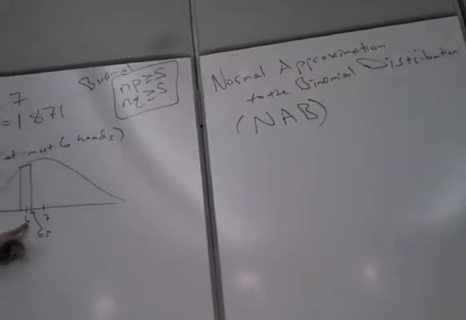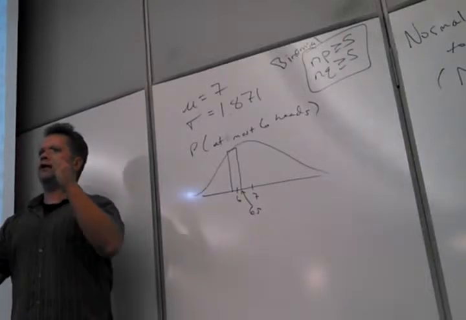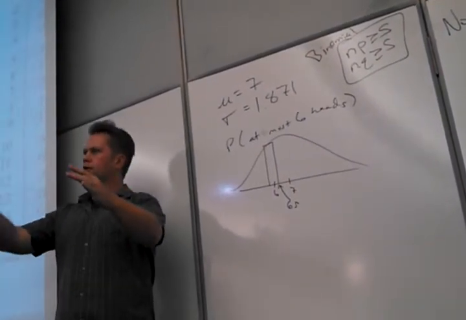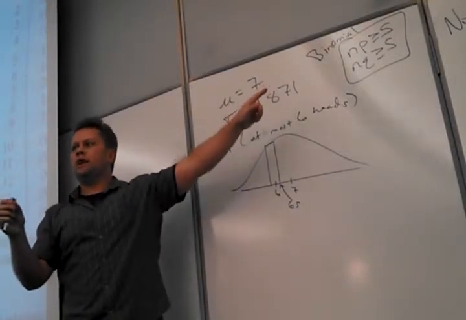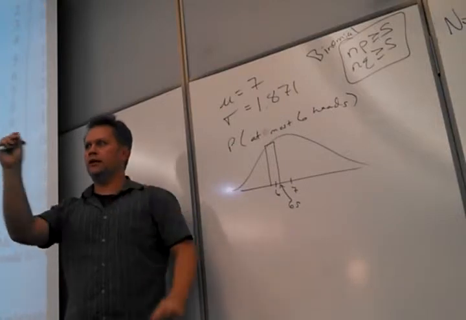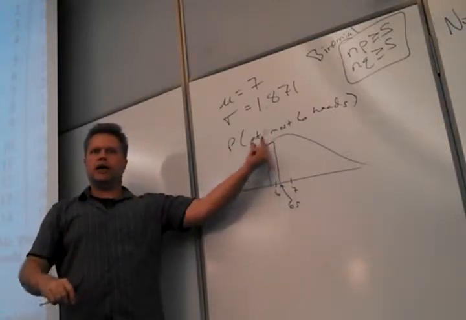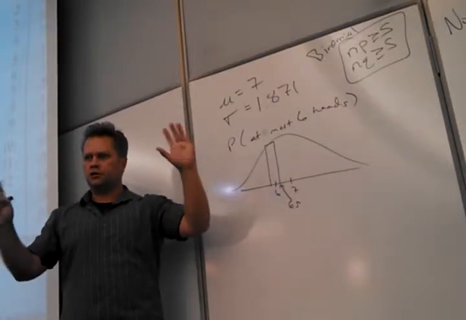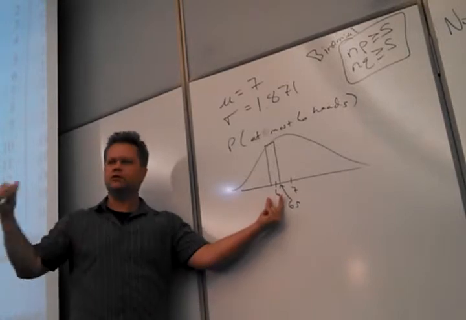Normally I would just make a z-score out of 6 and look up the area on the chart, because I would have a continuous variable. When I have an NPQ problem, that tells you it's binomial, and I have bars. The z-score chart's not good for little bars. It's only good for a true normal curve. So I have to do this adjustment.